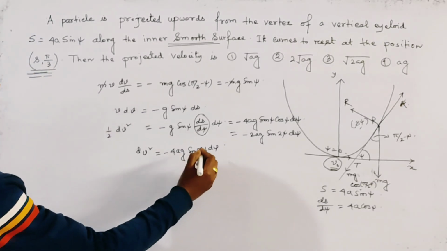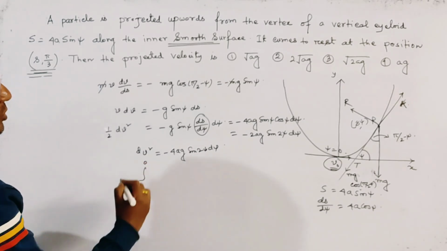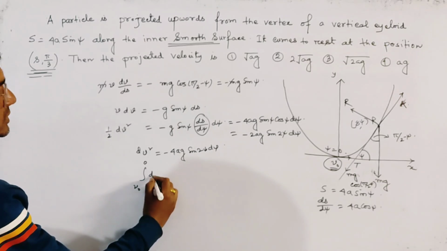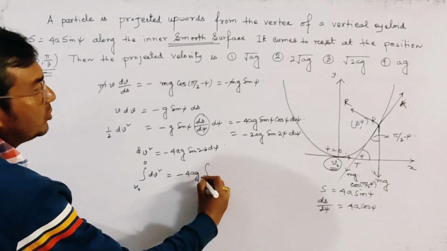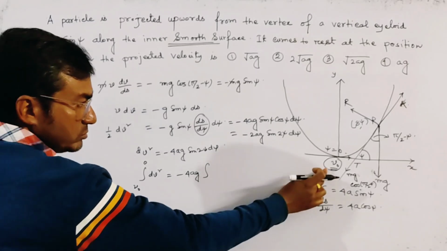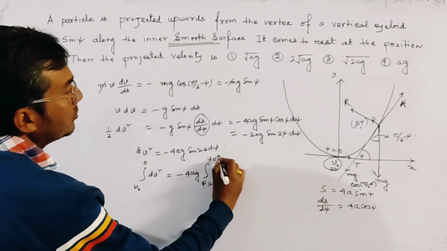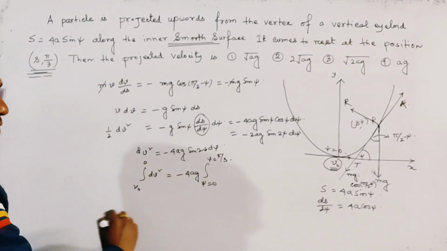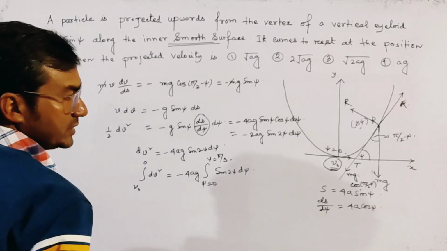So we integrate this result: the integral from v0 to 0 of d(v square), because at the end point it is at rest, equals minus 4ag times the integral from psi equal to 0 to psi equal to pi by 3, where velocity v equals 0, of sin 2 psi d psi.